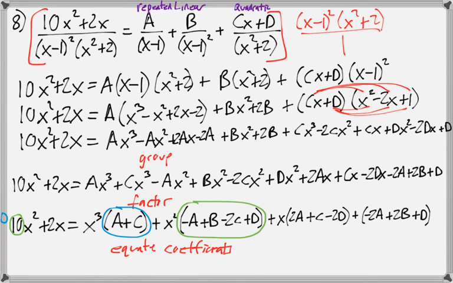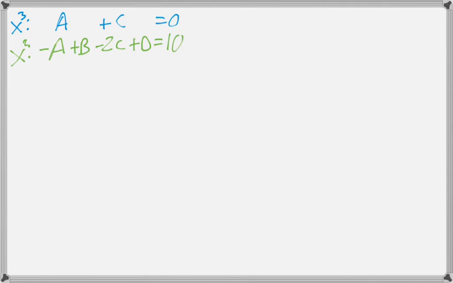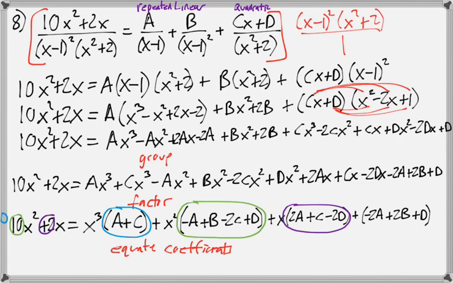And then I'm going to set these equal to the 2. So my x equation is going to be 2a plus c minus 2d is equal to 2. And then what color should I use?